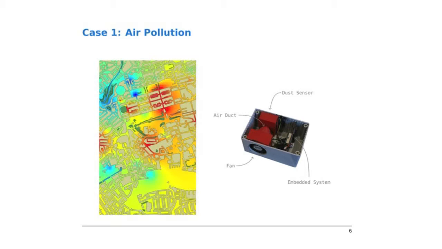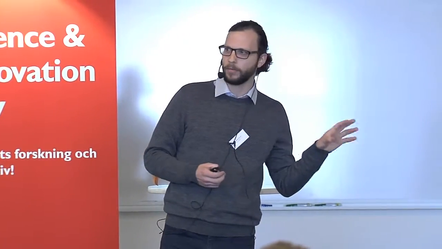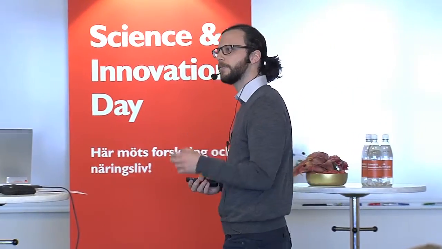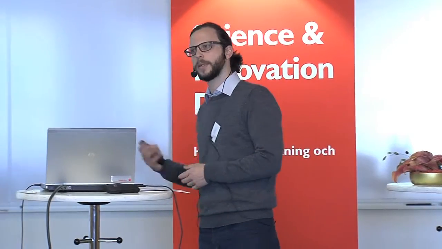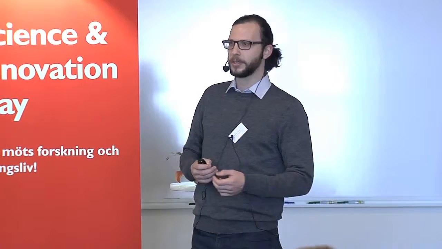The first case is air pollution, which is something that can be a problem in a city, specifically for the health of people that live in a city. And since more and more people live in cities, and people drive cars, and we have industries, this becomes some sort of a problem.